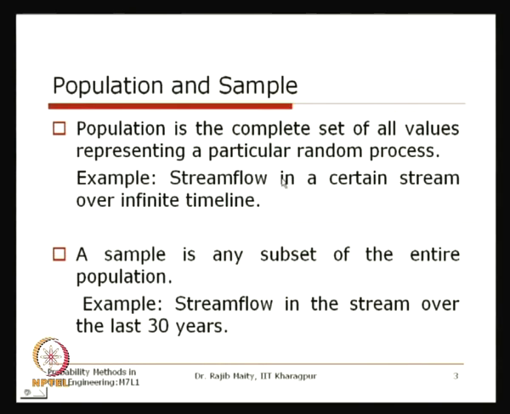So we have to rely on some sample, and somehow we have to relate whatever we can estimate from the sample to its population. This is basically the role of statistics, and with this we will see how we can estimate the required information from the sample, and then infer something about its population. Because as I told you, having the entire population is not possible in almost all cases.